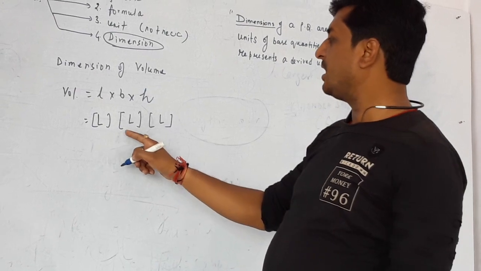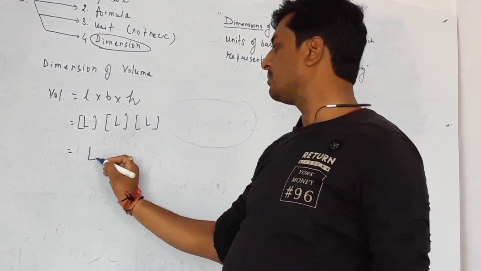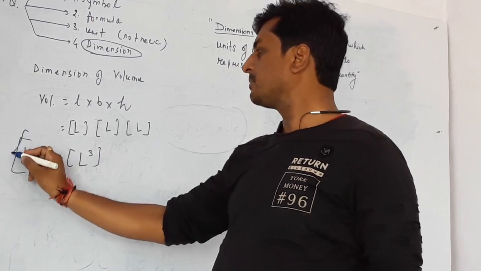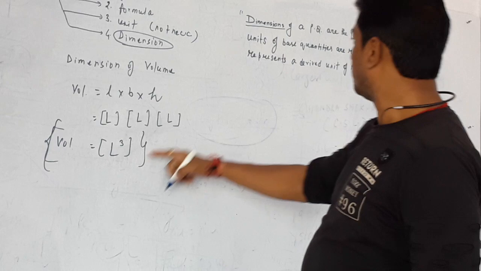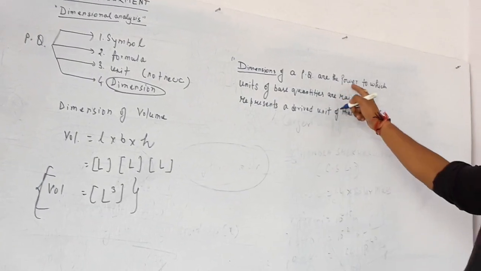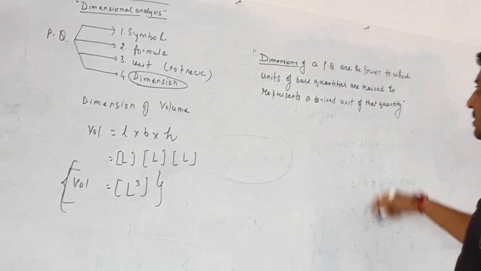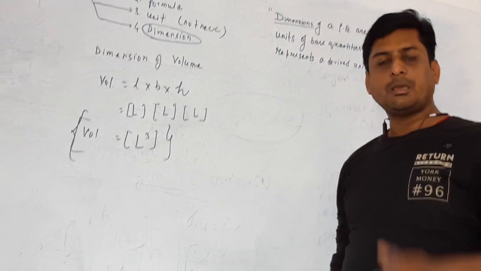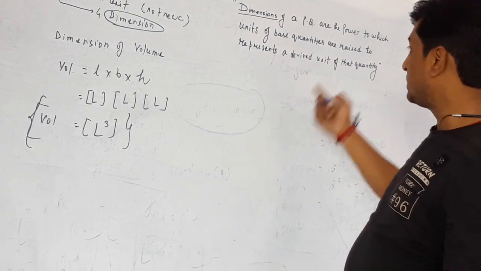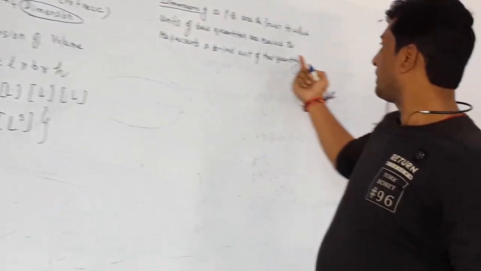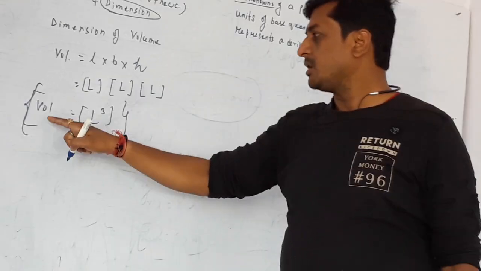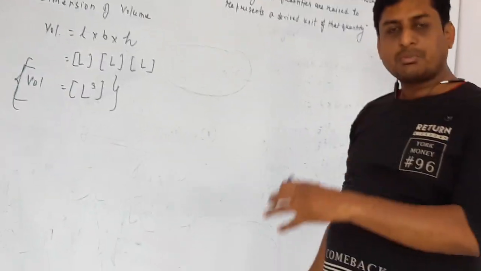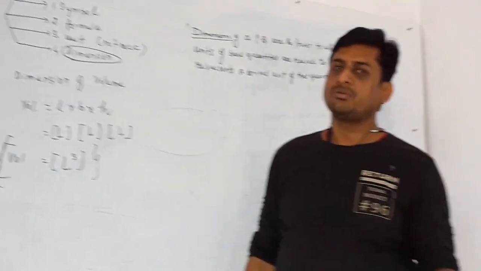That is why I am writing here L, L, L. So it will come L cube. What does this indicate? This indicates that volume is a physical quantity, and the power is 3, to which units of a base quantity, base quantity means fundamental quantity, that is length, are raised to represent a derived unit of that quantity. The quantity is volume, the unit of volume is meter cube. So with the help of dimension we can understand the unit of a particular physical quantity.